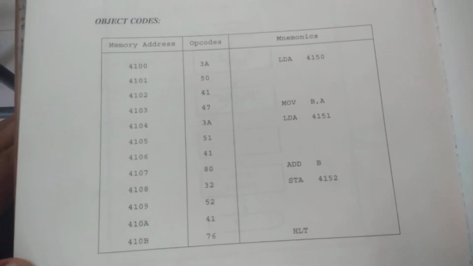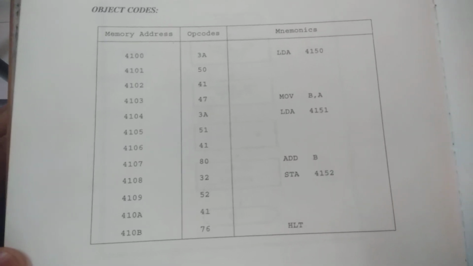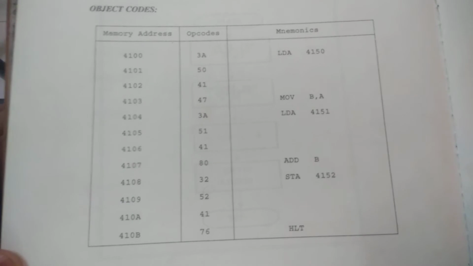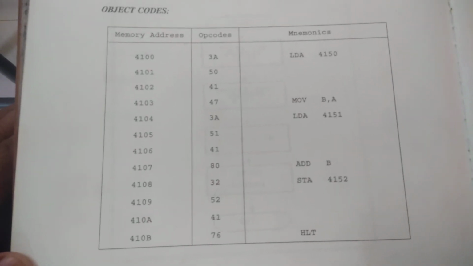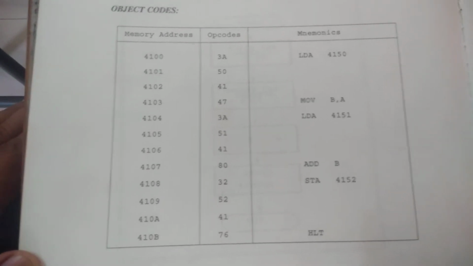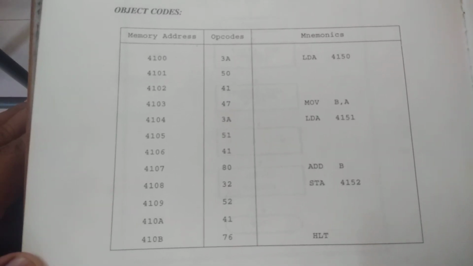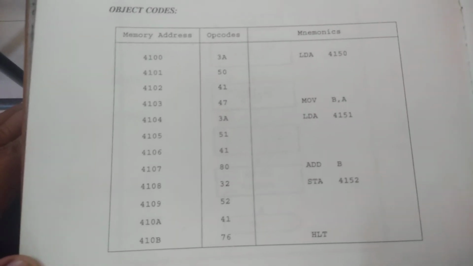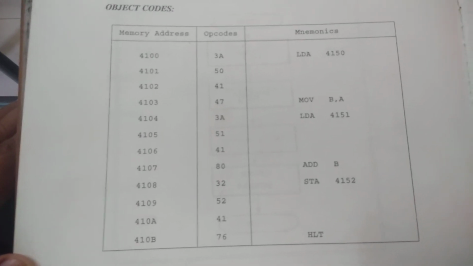So these are the mnemonics for addition of two 8-bit data from the memory location, and the result is stored in the memory location. LDA 4150 represents the memory location for feeding the first data. After feeding the data from 4150 to the accumulator, you know the meaning of LDA, right?